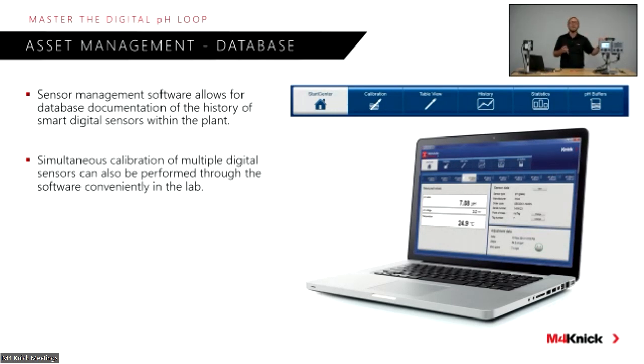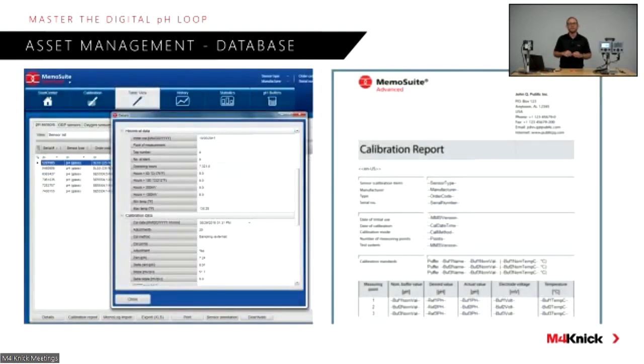It allows us to document the calibration process digitally and have digitally kept records of all the calibration. So if you think of this, especially from a corporate standard, you can have multiple facilities utilizing digital sensing technology with this PC-based software, and you can pull a specific sensor up at any point in time, see the history, see the data that it's been exposed to, see the calibration records, generate a calibration report like you see here on the screen at any given time.